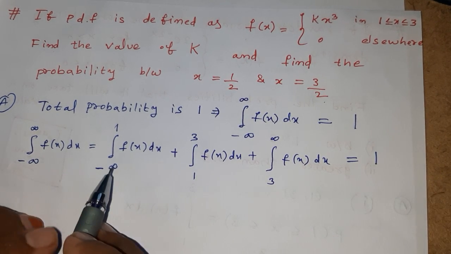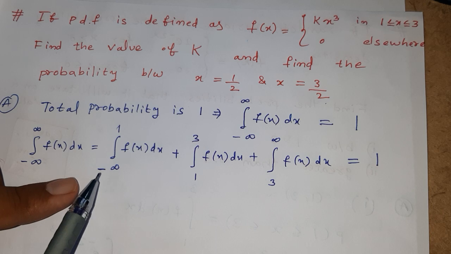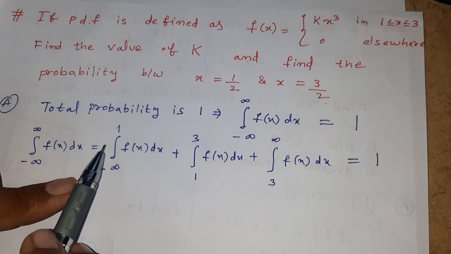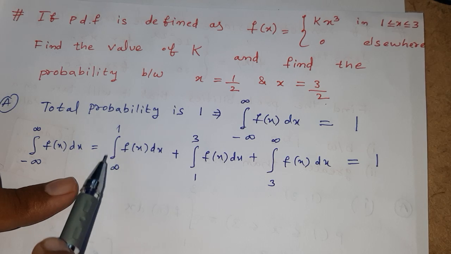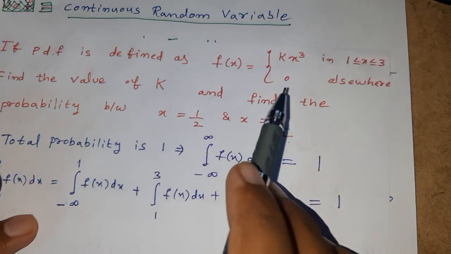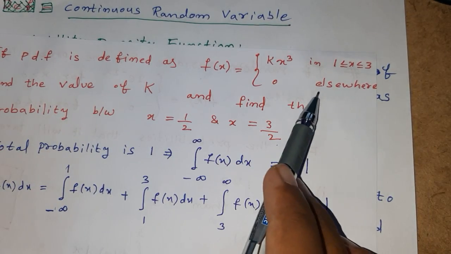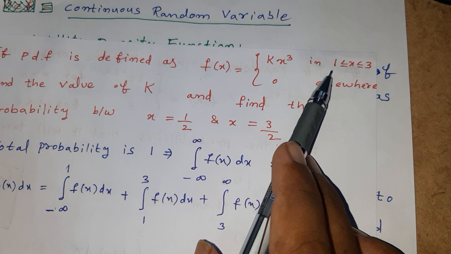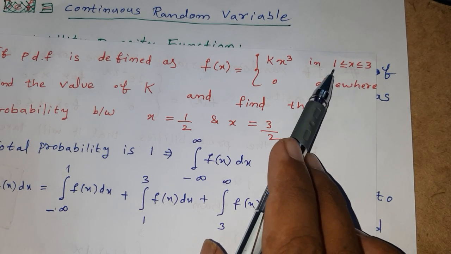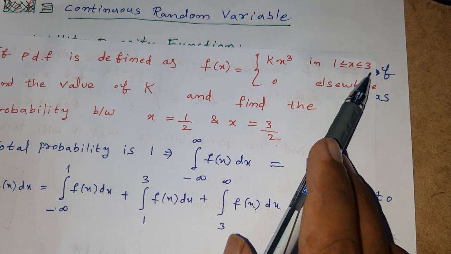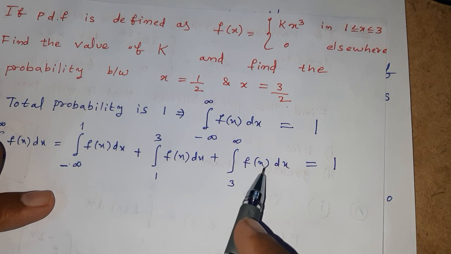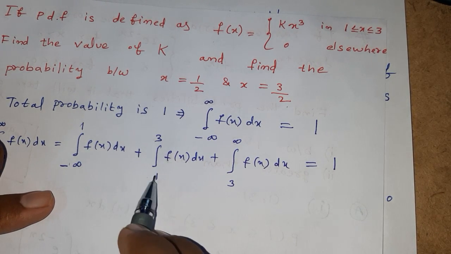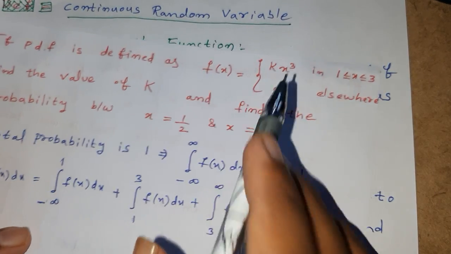Okay, but when x is less than 1, if x lies in this interval, f of x is 0. f of x is equal to 0 elsewhere, means in the portion other than 1 to 3 it is 0. Therefore here and here also the f of x value is 0, but within the limits 1 to 3 it is defined as kx cube.